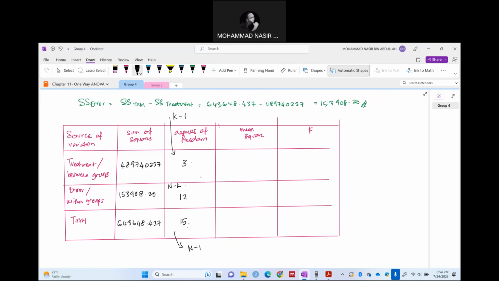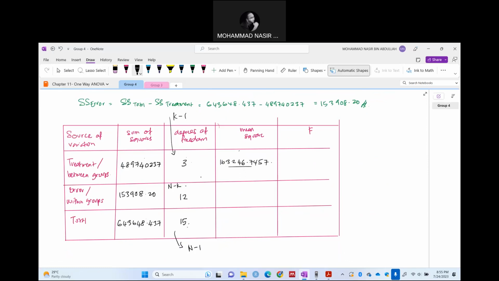Any questions so far? And to get mean square treatment or mean square between group, we just divide sum of square treatment divided by degree of freedom. So this one should be 163246.7457.